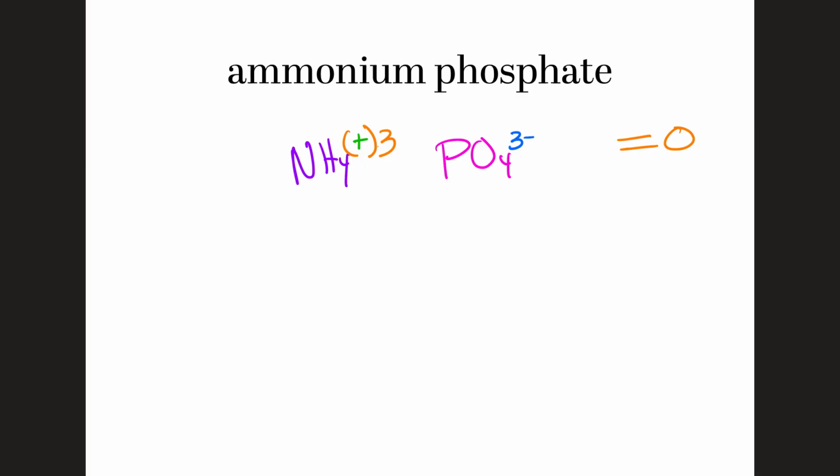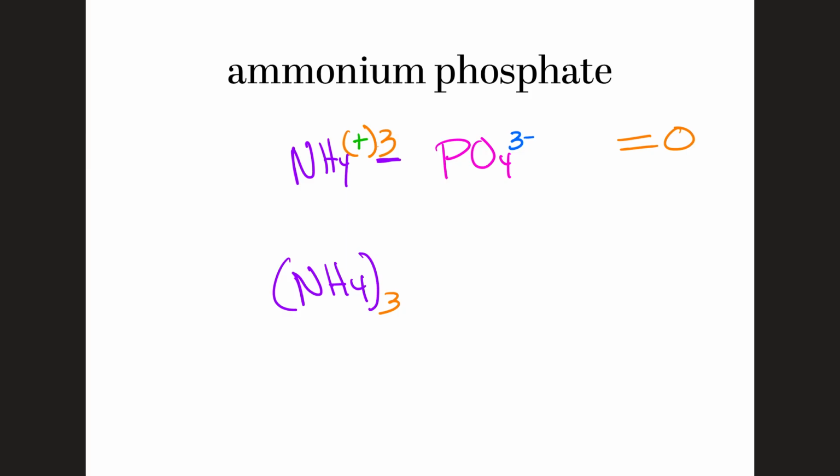So we can now write this as NH4. Bring this 3 that we multiplied our charge by down and put that outside of the parentheses. So we now have 3 ammonium ions. Since we did not multiply this charge by anything, we just leave it as 1, because we multiplied this by 1.